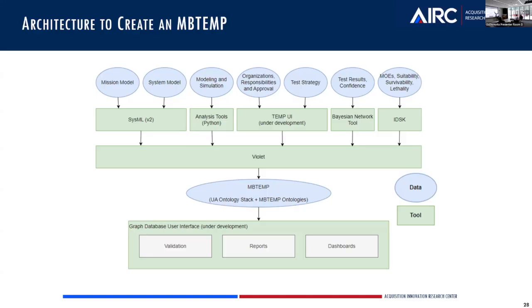That's when we have a tool that allows us to define the Bayesian networks, where at least the initial test strategy can define what those pathways would be through the different tests. Then as we get results, those would be updated, and we'd have new levels of confidence associated with the test and be able to change this. And then last, there's the IDSK, which really defines the content that would be going into the decisions.